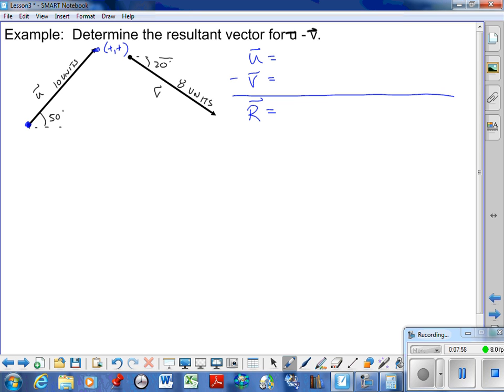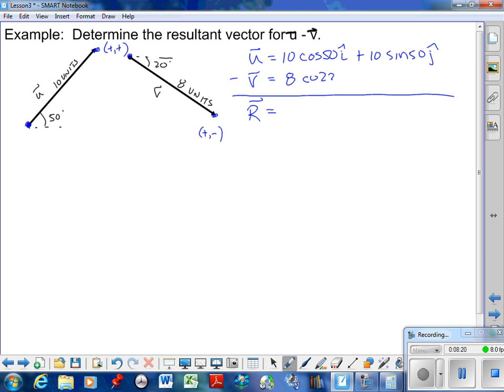So for my u vector, 10 cos 50 i plus 10 sin 50 j. The v vector will be positive in the x but negative in the y. So that means I will have 8 cos 20 i minus 8 sin 20 j.